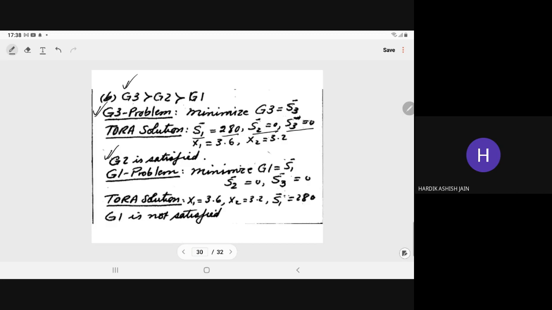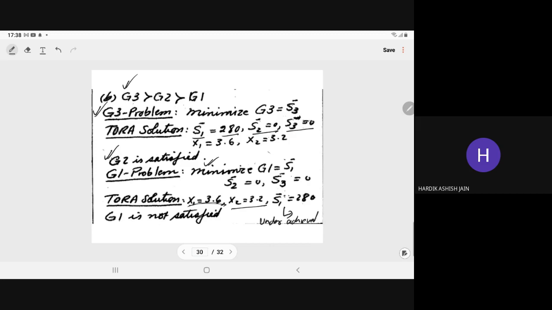Then you have to go with the G1 problem, which is minimize S1 minus. In that case, you find that x1 is equal to 3.6, x2 is equal to 3.2, and S1 minus is equal to 280. It means again it is underachieved.